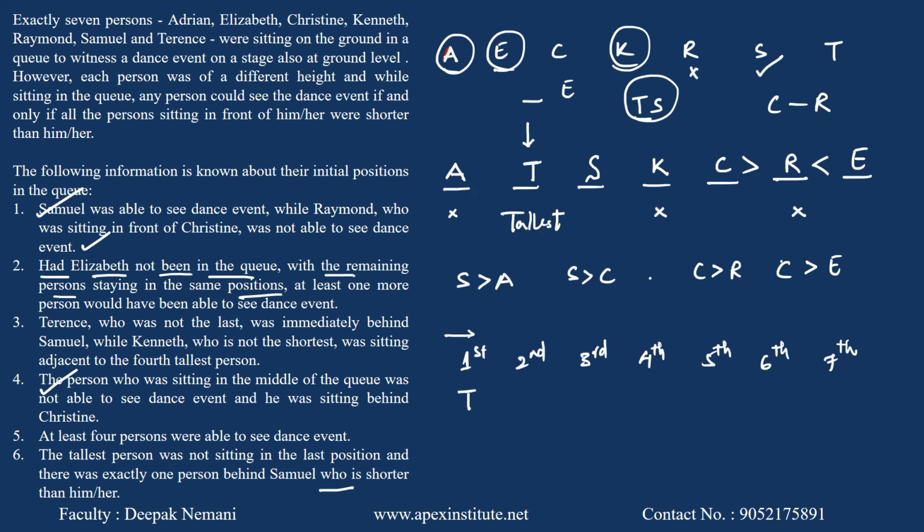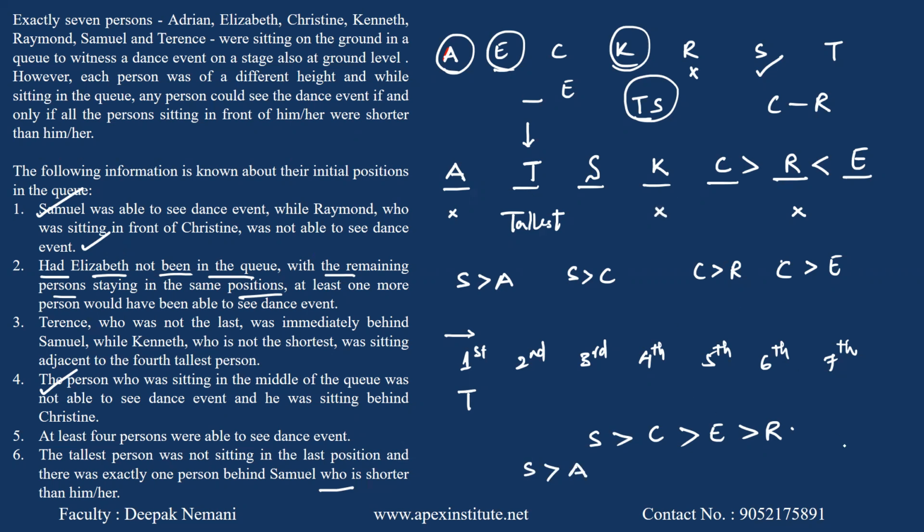Clear? Now I can say that Elizabeth should be taller than R. And C should be taller than E. S should be taller than C. And S should be taller than A as well.